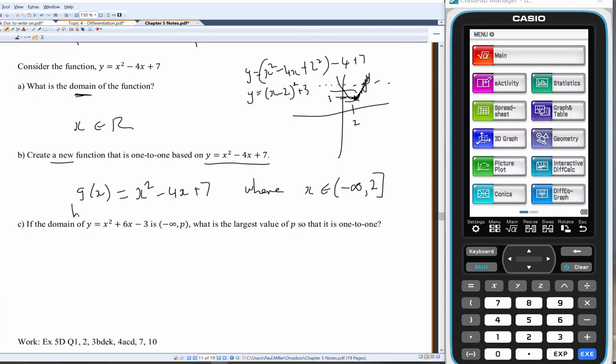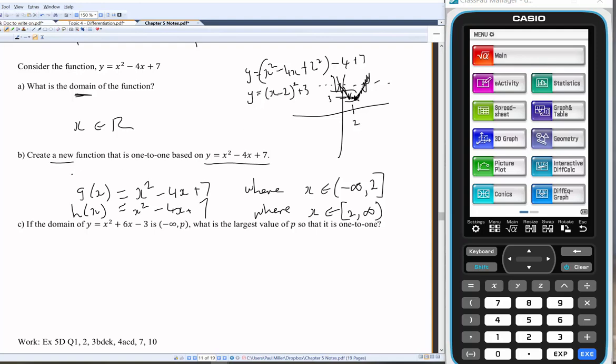There's another answer you can give to this. h of x equals x squared take 4x plus 7, where x is an element of, let's start at 2 and go to positive infinity. And what that essentially will do is just take the other side of this. So it'll cancel out this part and accept that part. There's infinitely many answers to this.